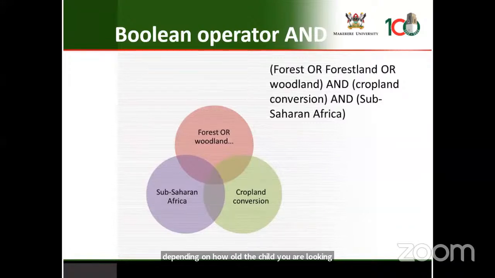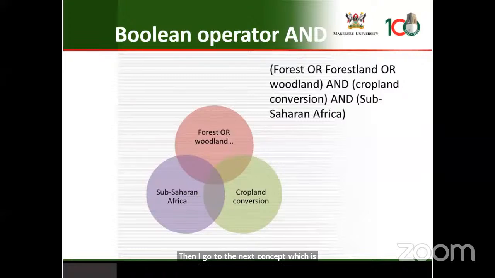Then from there, I go to the next concept, which is malaria. And then malaria or Plasmodium falciparum or fever, all those related words that are under malaria, but the concept is malaria. Then I go to the next concept, which is sub-Saharan Africa.